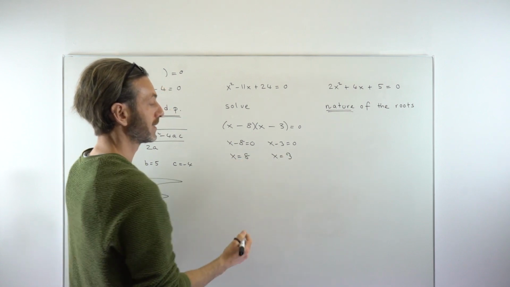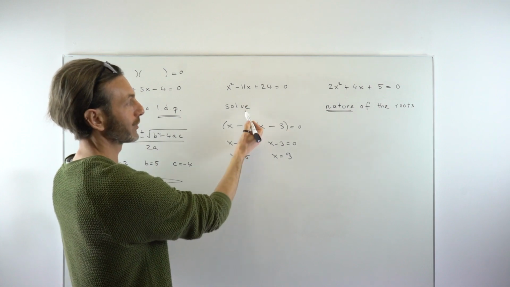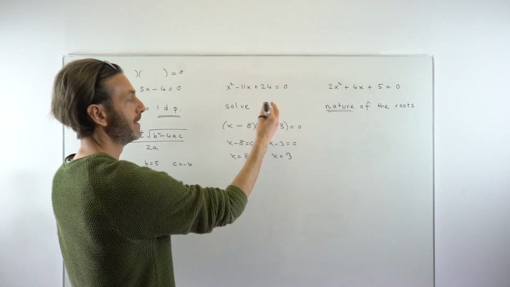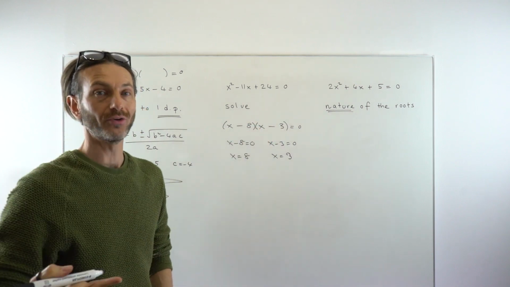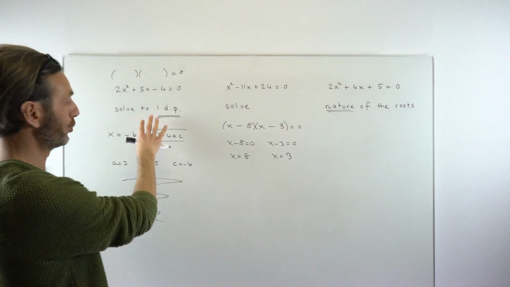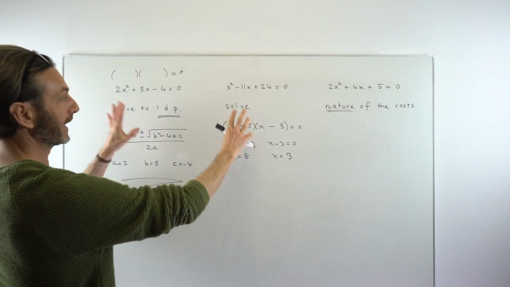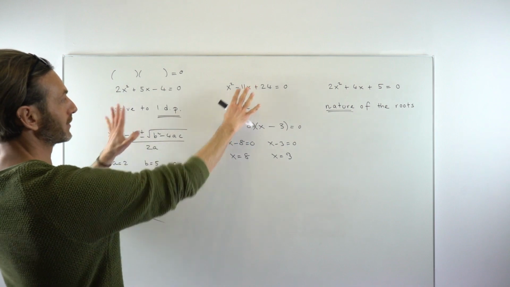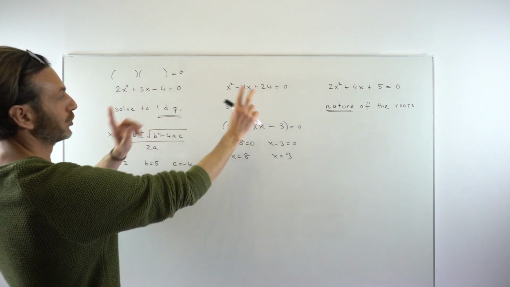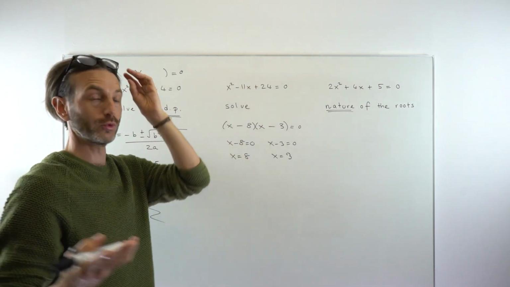Sometimes in a question like this, they will say solve algebraically, and if they say algebraically, they mean by factorizing, not by a numerical method, which is what the quadratic formula is. So again, I'm more focused on how to distinguish which technique to use: no reference to decimal solutions.